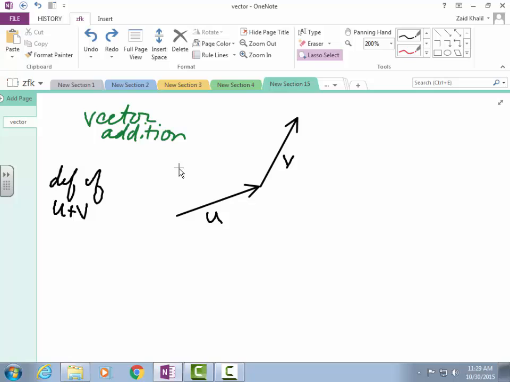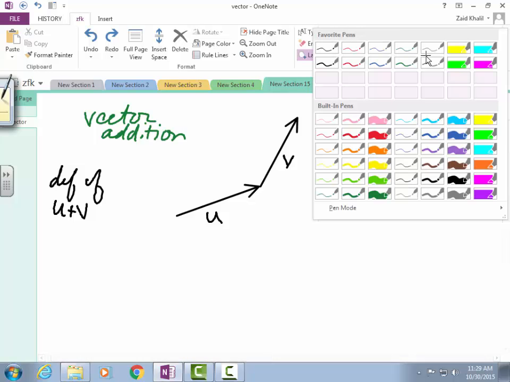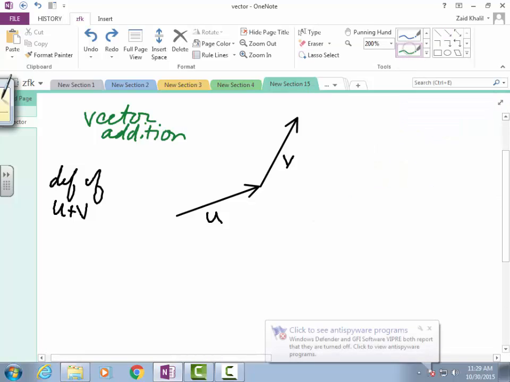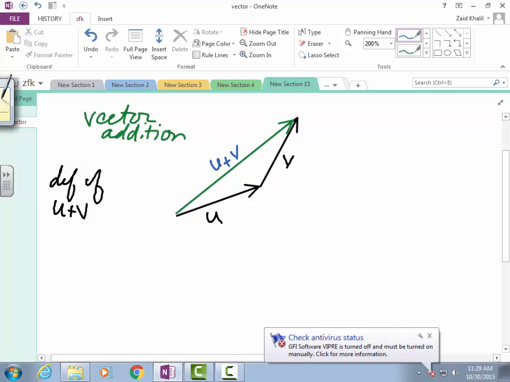And then u plus v is going to be the vector that extends from the tail of u to the head of v. So this right here is u plus v. And that's a definition. So now what can we do?